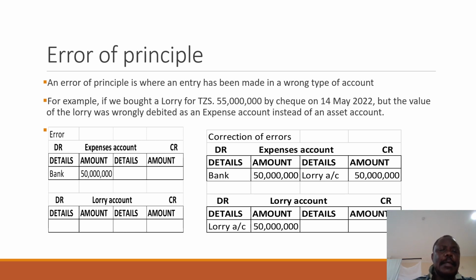So the error occurred because we incorrectly entered the transaction in our expenses account instead of the lorry account or motor vehicle account. To correct this error, we credit that amount in the expenses account, and the same amount goes to the motor vehicle or lorry account.